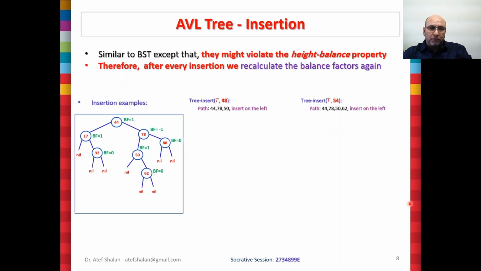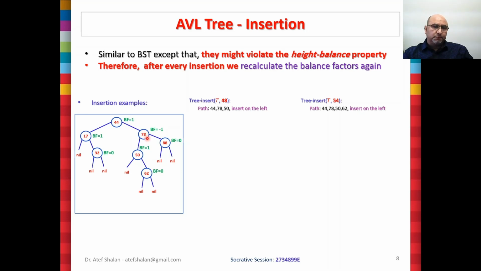However, we move forward. We now try the insertion algorithm over the AVL tree. We have already looked at the insertion algorithm, and we now implement it over this tree. We have an example here in which we want to insert a node that has a key of 48. We start from node 44, which is the root node, and we compare to 48. 48 is larger, so we go to the right.